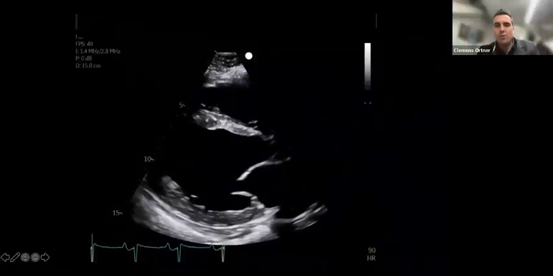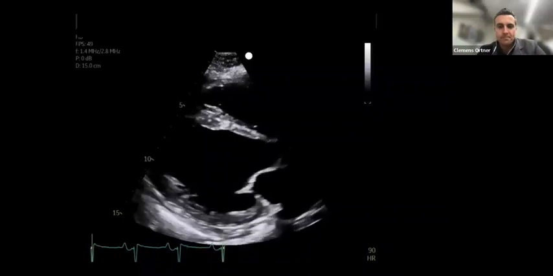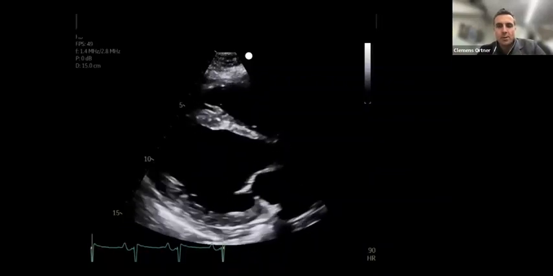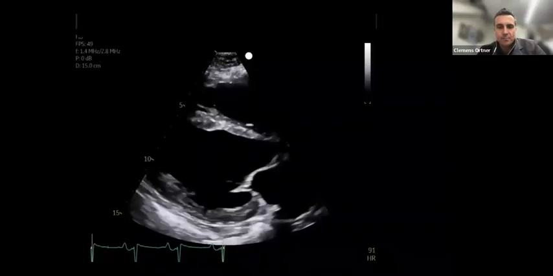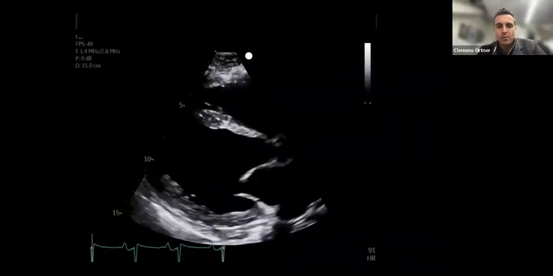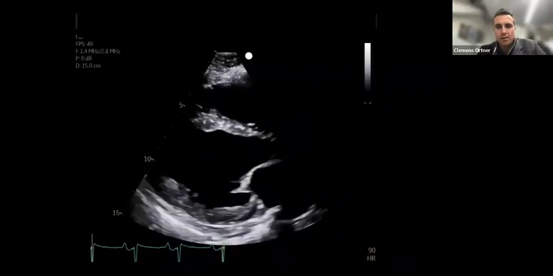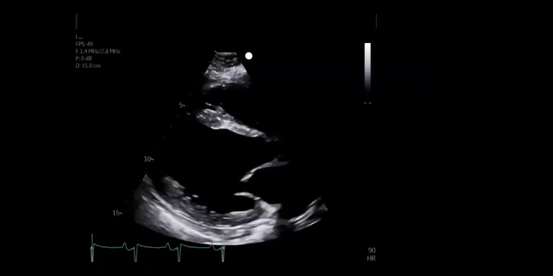Does this look okay? Who says it's a normal heart? Who says it's mildly reduced systolic function? Who thinks it's moderately reduced? And who thinks it's severely reduced systolic function? I'd say it's pretty severely reduced.